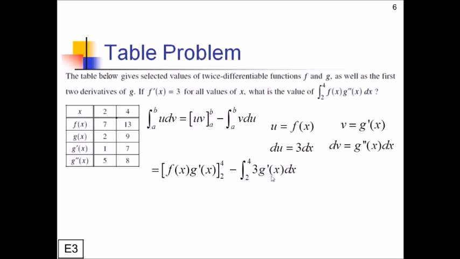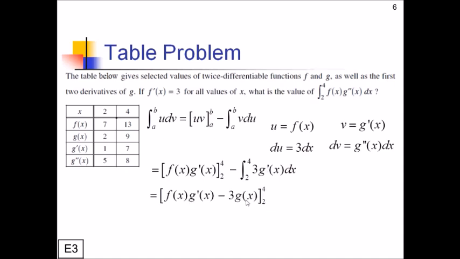And right after I do that, I'm going to put it immediately in the same evaluation box as these two here. So I have the original stuff that was in my box, f of x times g prime of x. And now, what else is going in there? Well, the antiderivative of g prime is just going to be g. So this is going to be minus 3g of x, evaluated from 2 to 4.